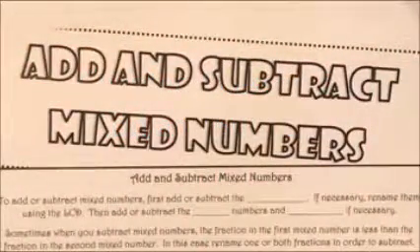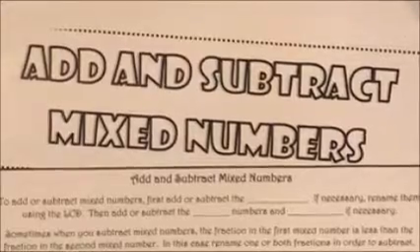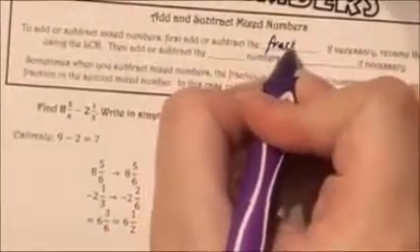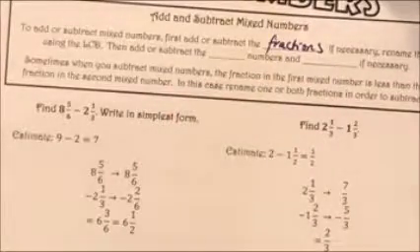This is Chapter 4, Lesson 5, Add and Subtract Mixed Numbers. When I add and subtract mixed numbers, I first add or subtract the fractions. If necessary, rename them using the LCD.